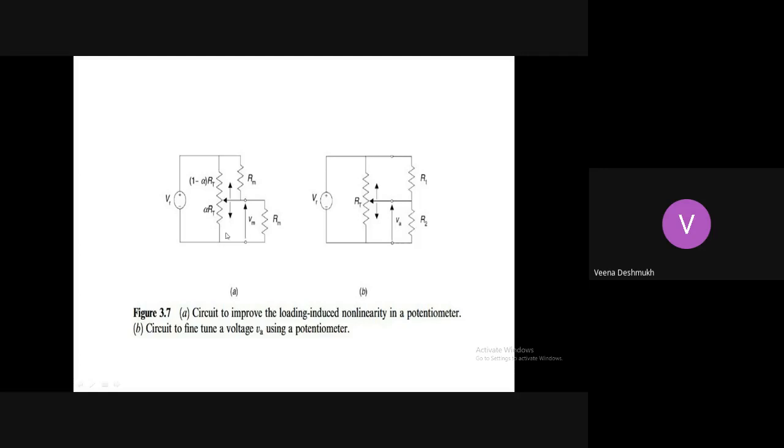So the potentiometer, here these two form the two arms, and one more resistor which is connected forms the third arm, and the fourth arm is the actual measured resistance. So by doing the bridge combination, you can minimize the non-linearity errors, usually induced because of the loading effect.